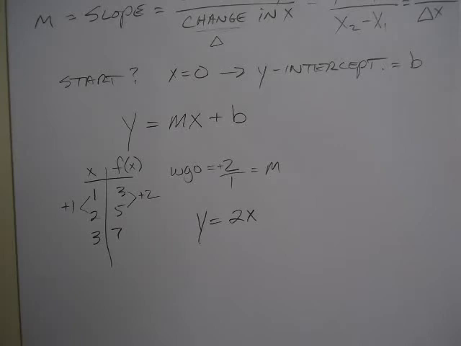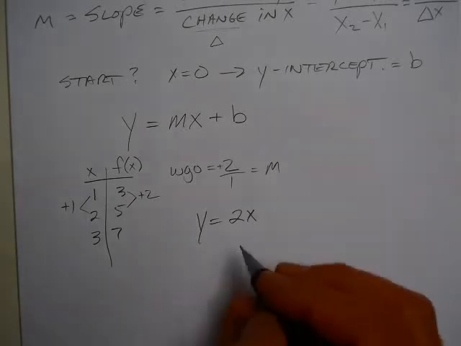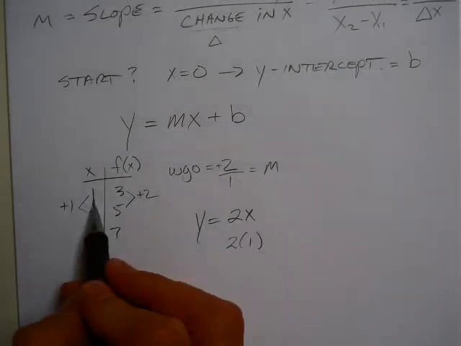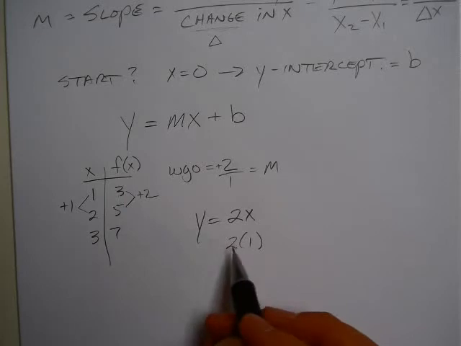Now, where do we start? Well, I can do one of two things. I can either work this backwards and find 0, which would be fairly easy, or I can plug in a 1 and try to make it equal 3. Just like we've done. 2 times 1, when x is 1, we know the answer has to be 3.